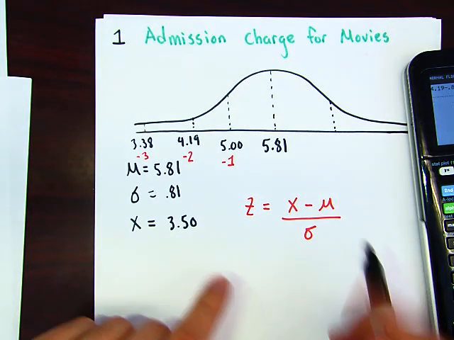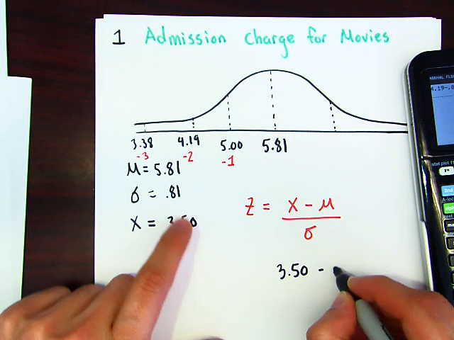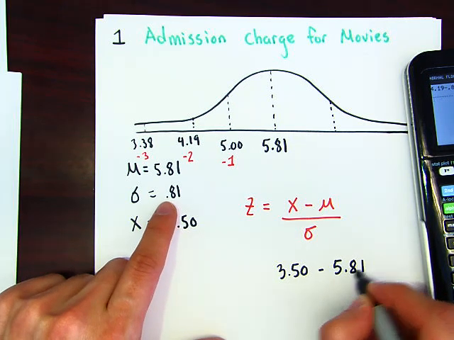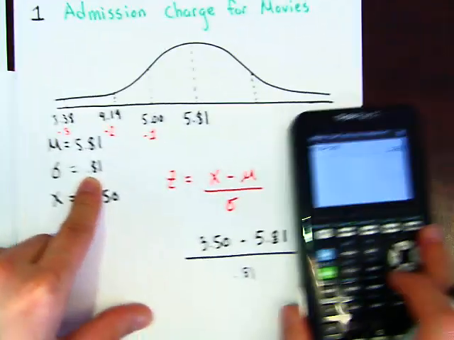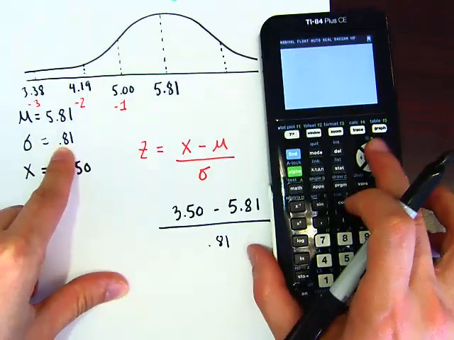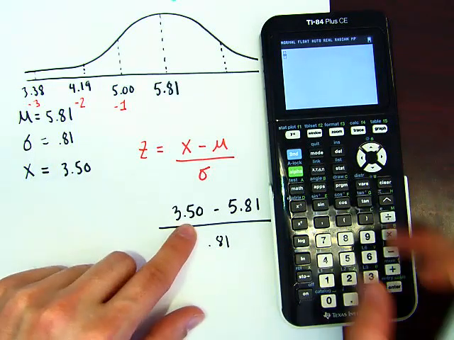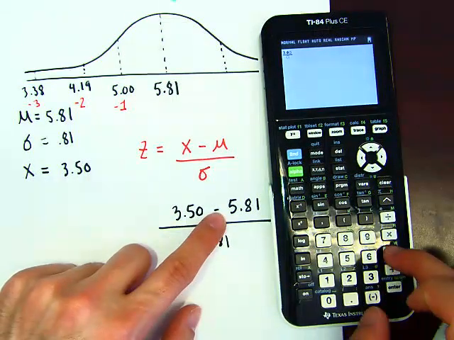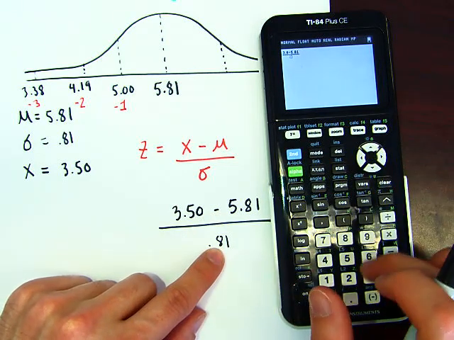So x is 3.50 minus $5.81, and we divide it by the standard deviation of 0.81. Let's put this into the calculator. So second alpha, let's make a fraction. So 3.50 minus $5.81, that's on the numerator.